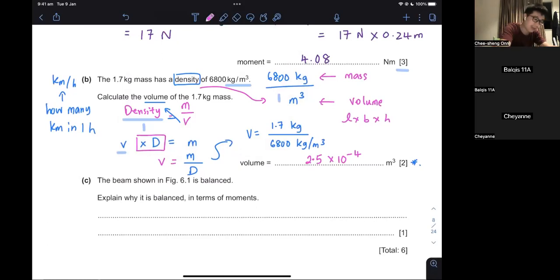Okay, now this times 10 to the minus 4 must be written down. In your mathematics, they will say this is standard form. This means it's a very small number. Okay, so it's 0.00025. So it's actually 1, 2, 3, 4.